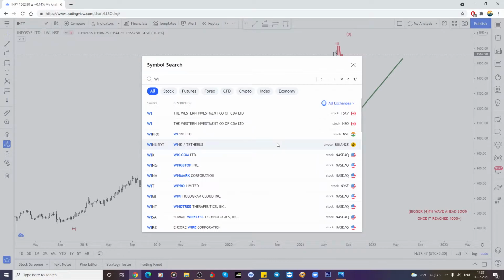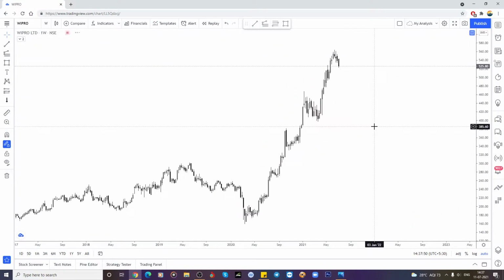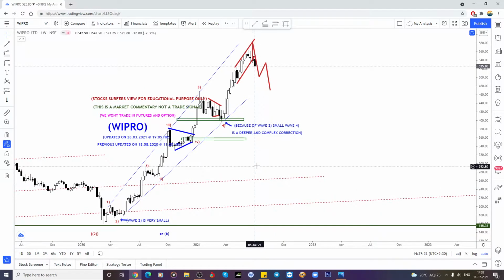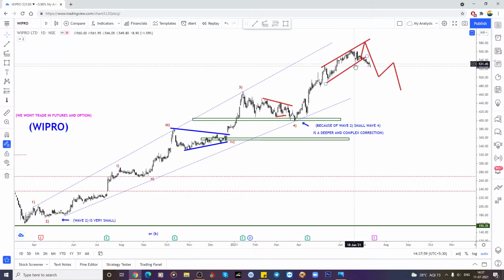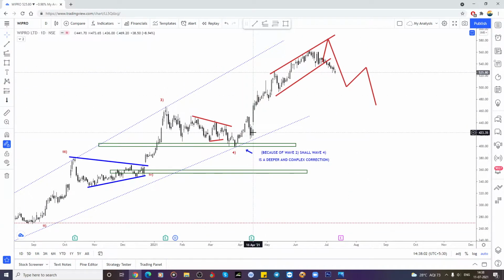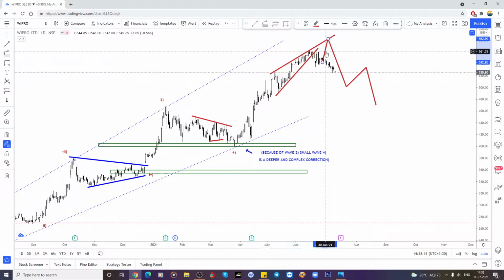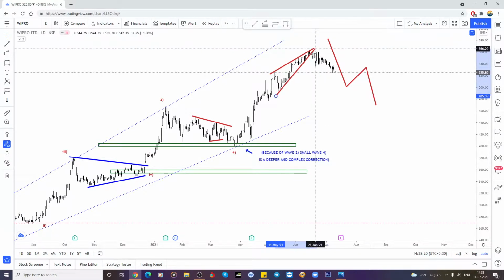And Wipro, same 1 2 3 4 5, it's already ended, and what I expected was 1 2, 3 4 5, and the fifth wave is ending, 1 2 3 4 5, so this could be an end of this, and I expected from here that this could be the end of that trend also.